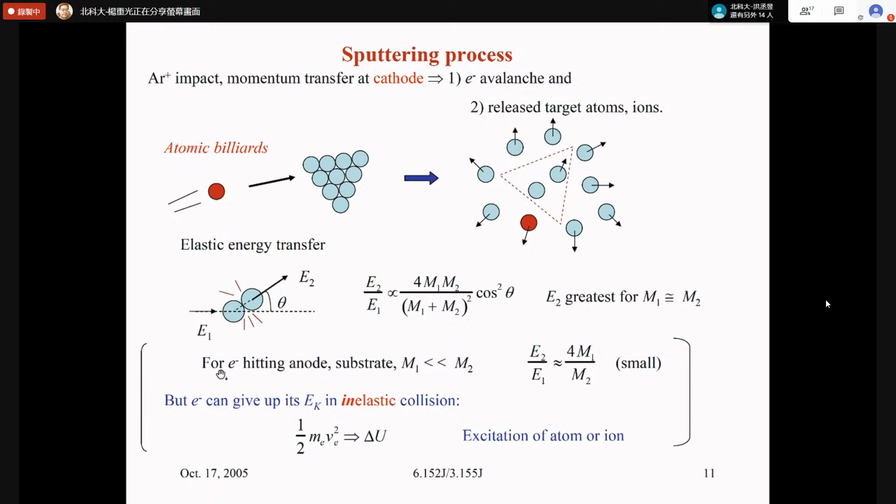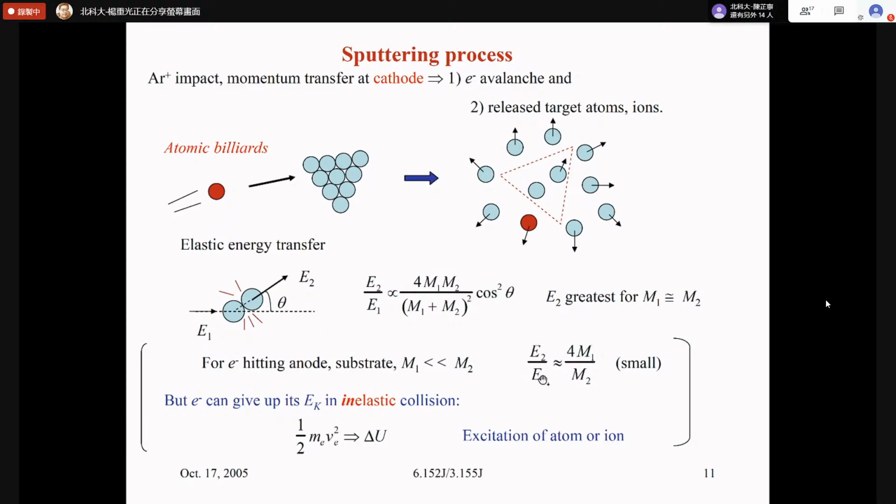So for the electron hitting the anode or substrate, M1 is far less than M2. So you don't have M1, you have M2, and you are left with M1 here.